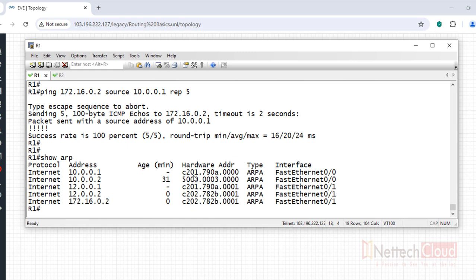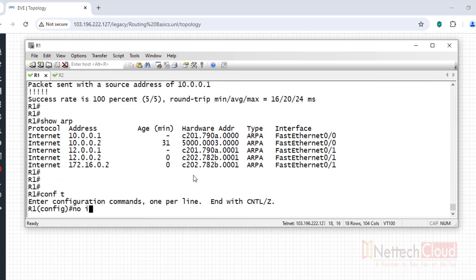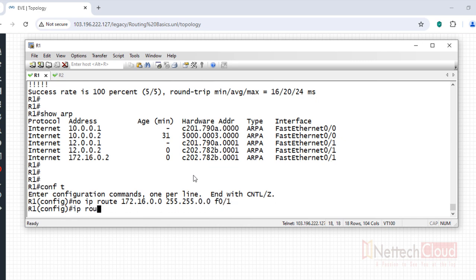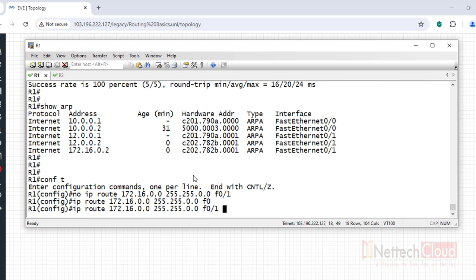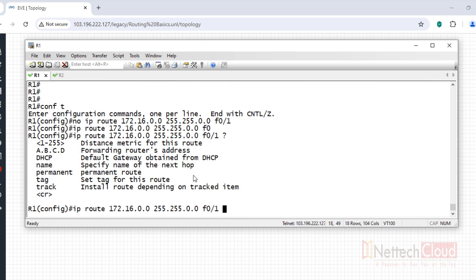And how can we change the routing? So just get rid of this route, 172.16.0.0, I'm sorry, 255.255.255.0 F0/1, and create a route here, 172.16.0.0 255.255.0.0, and here if you mention the IP and then a question mark, right?